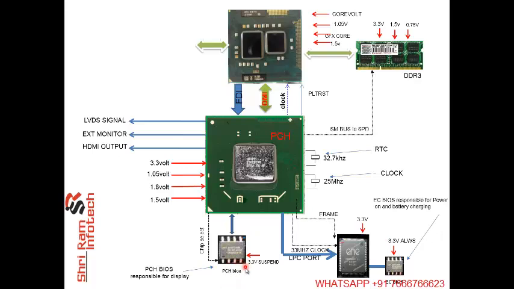And this PCH BIOS works on the suspend voltage. Always voltage means the voltage which turns on as soon as we connect the adapter or the battery is present. And suspend voltage means the voltage which comes on when we press the power button. So this is the difference between always and suspend. These two components are responsible for turning on the power, and this PCH BIOS is responsible for the display.